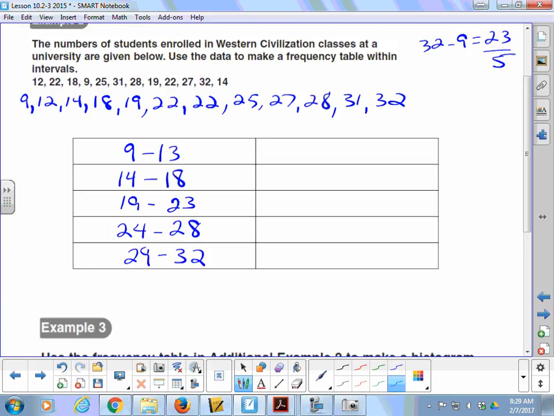So like I said, since we have the number 9, we could do 6 to 10 as one of our intervals, and then 11 to 15, 16 to 20, 21 to 25, 26 to 30, and then 31 to 35. If we went that route, we would need another row.